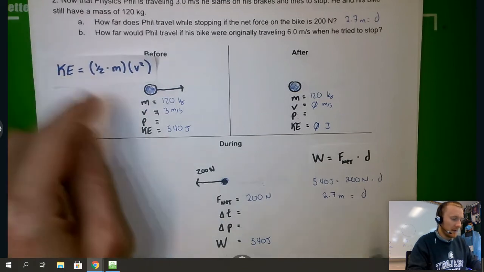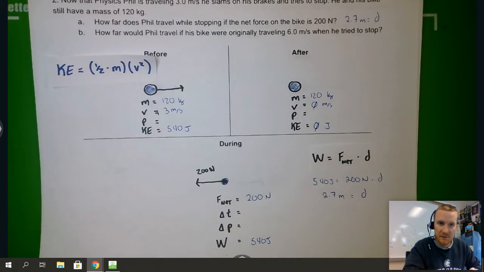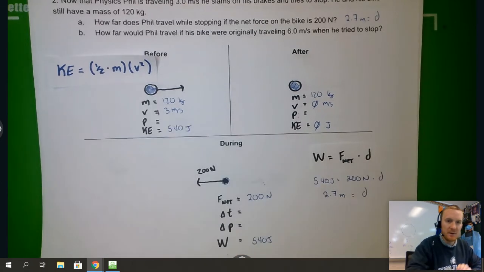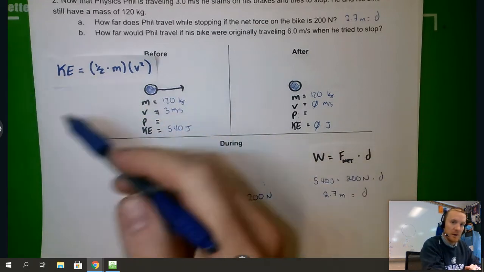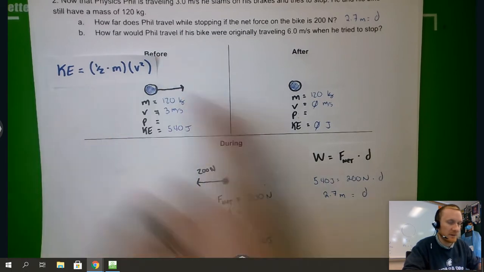Recall, though, that kinetic energy has a very special relationship with mass and velocity, because this velocity value is squared. Recall that when you double your velocity, you end up quadrupling the amount of kinetic energy. So let me say that again. When you double your velocity, you end up quadrupling the amount of kinetic energy that you have, because this velocity value is squared.